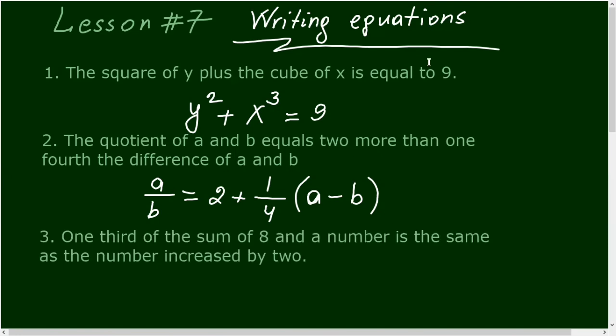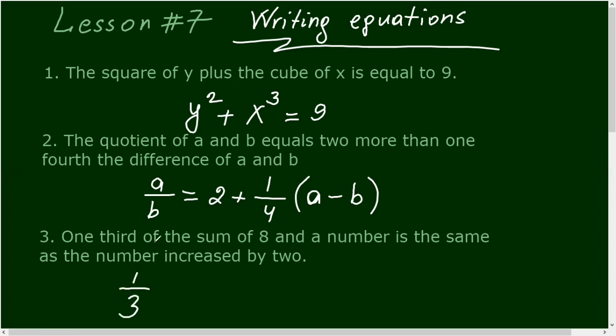The third one: 1/3 of the sum of 8 and a number is the same as the number increased by 2. So let's pretend my unspecified number is x, and finally I write 1/3.